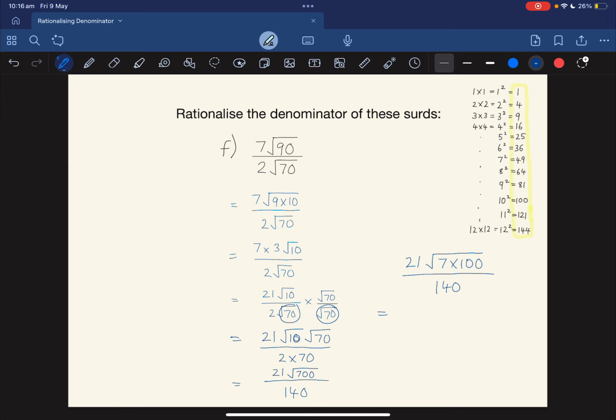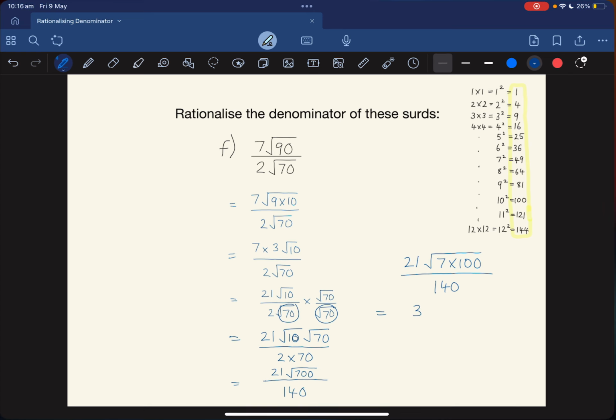What have we got? I'm looking to simplify this at the same time. And I know that... Is there any factors in there? And if you get really stuck, you can just put 21 divide 140 in your calculator and it ends up with 3 on 20.